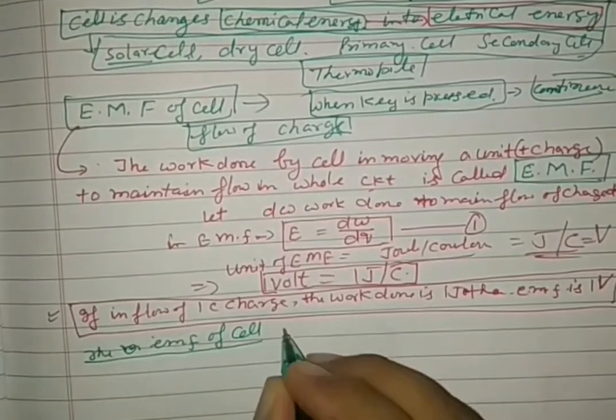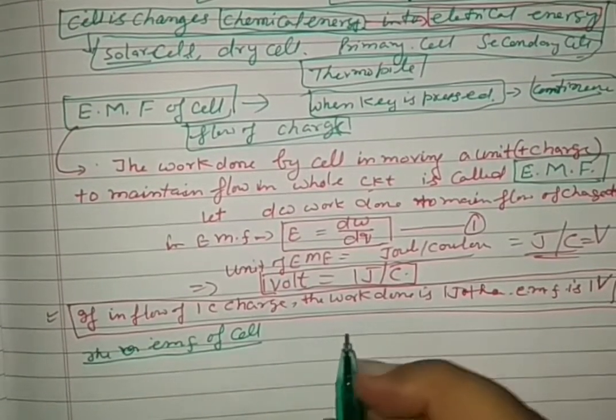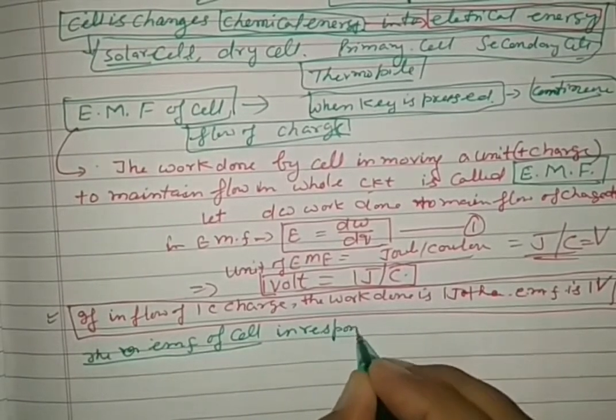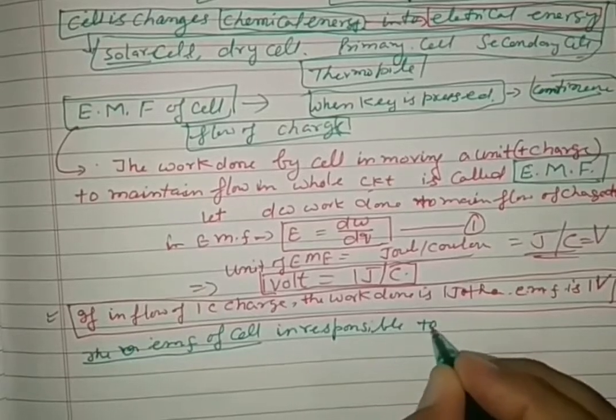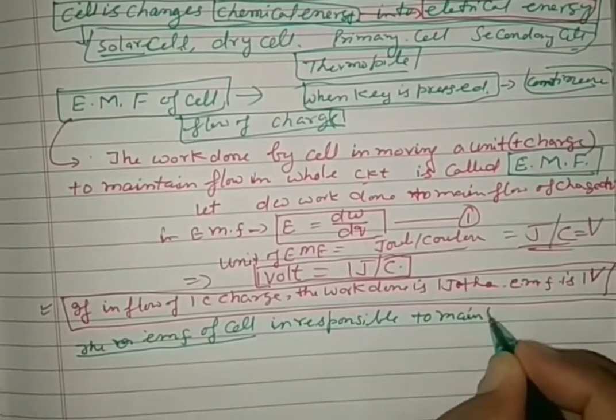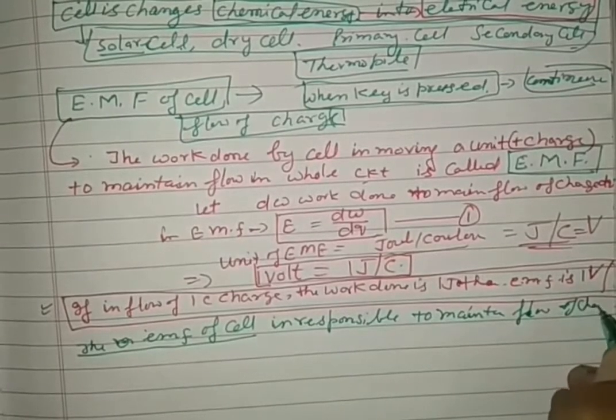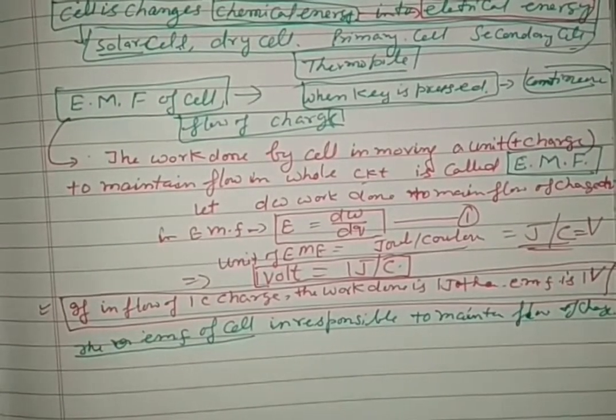The main conclusion: the EMF of a cell is responsible to maintain the flow of charge in the circuit.